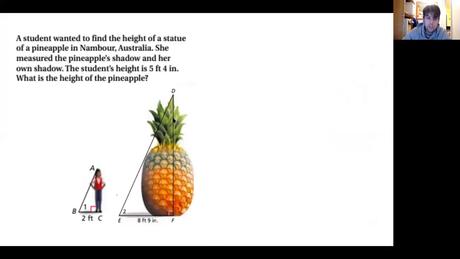All right, so let's actually start solving this. One important feature here is that the student's height is given in mixed units of 5 feet 4 inches. Generally, you want to make sure you stick with just one unit. If I was looking at being really precise here, I would convert everything into inches.